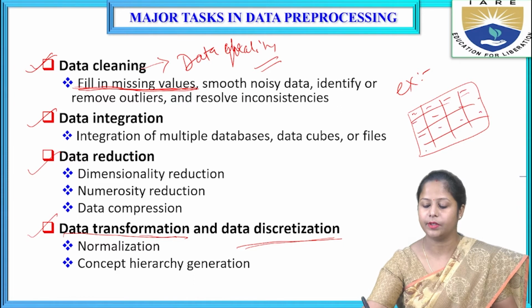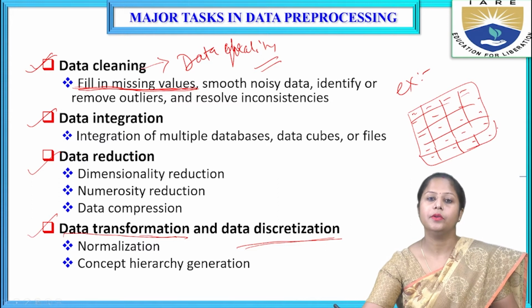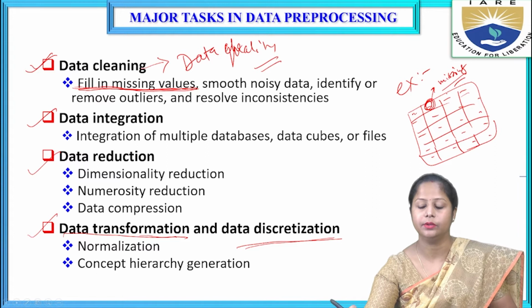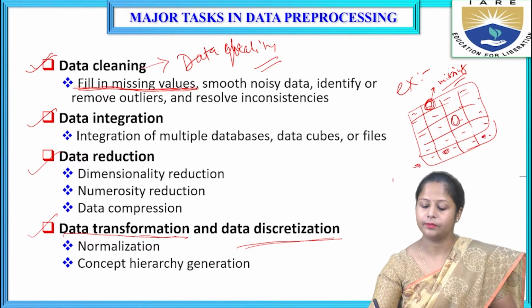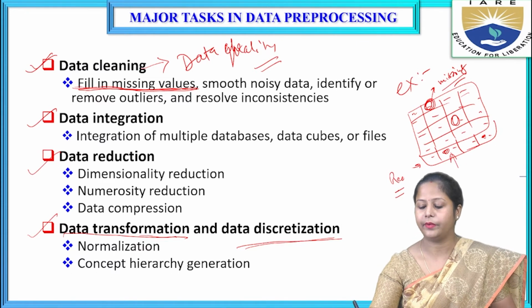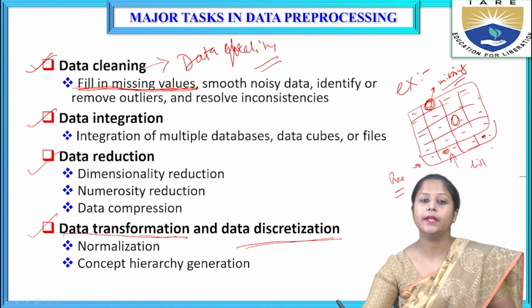If some of the fields are missing, not having any value in some part of the record, that type of data we have to fill. So we have to fill those missing values before data pre-processing.